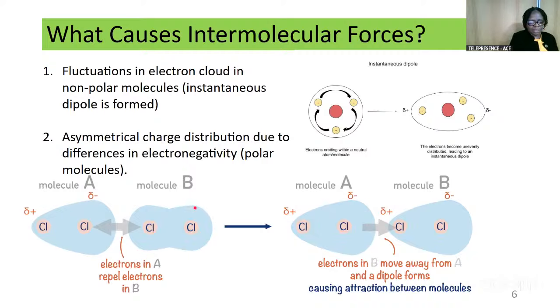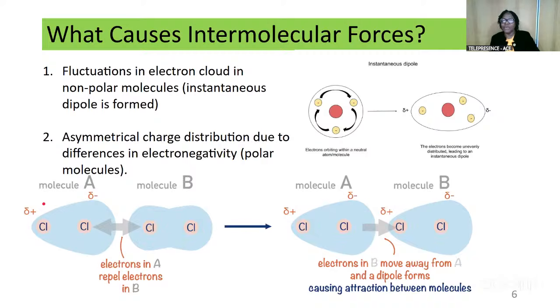So as the electron in A repels the electron in B, there is that redistribution, uneven distribution I should call it, of the electrons around molecule A, meaning that this part of the molecule is densely populated with electrons, whereas this side is less dense.